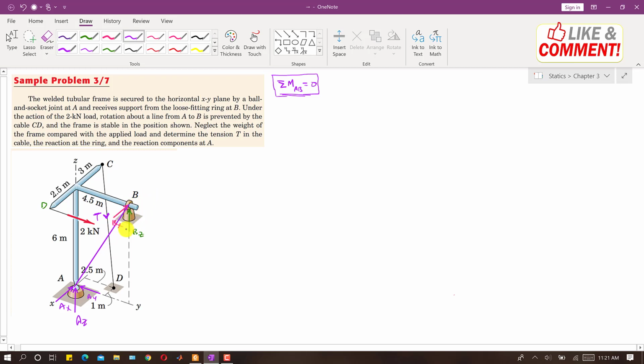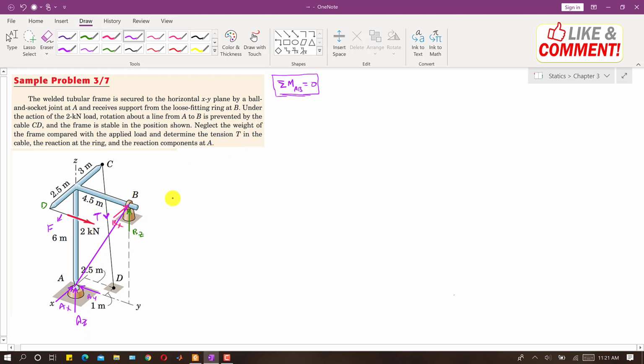So the moments of these reactions AX, AY, AZ, BX and BZ about the AB line will be 0, since all of these reactions intersect the line AB. So we only have to deal with this force, and we only have to find the moment of this force and this tension in the cable about this line AB.